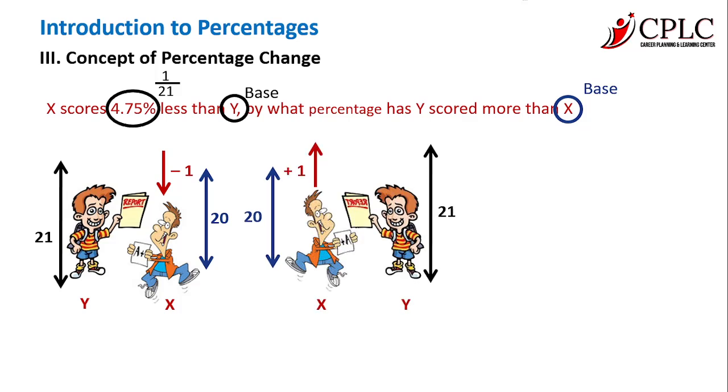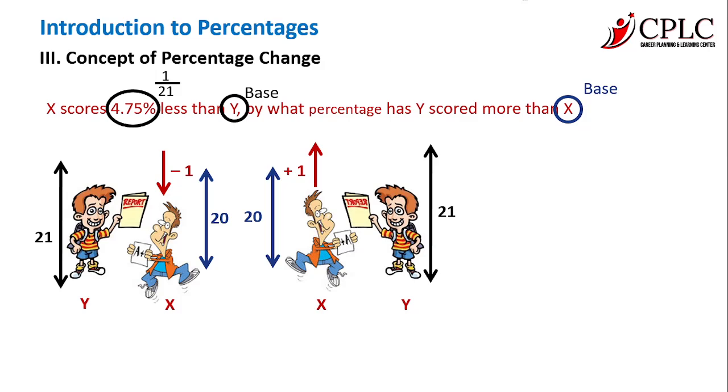And what they are asking is Y has scored how much more than X. We know the numbers. We know that Y has done 21. We know that X has done 20. So they are asking Y, which is 21, has done how much extra, how much more than X, which is 20.